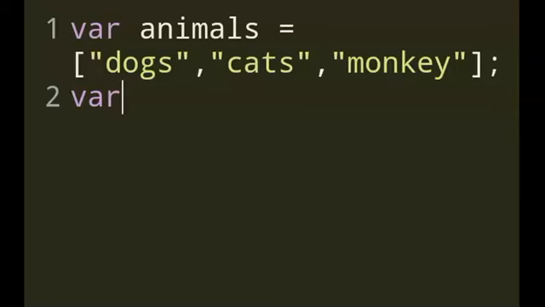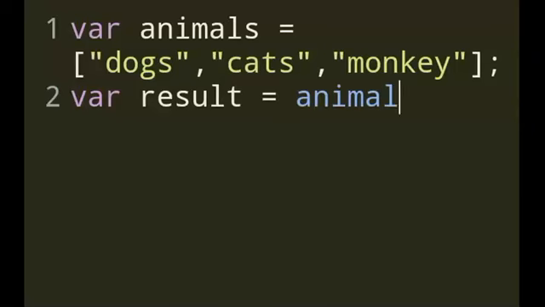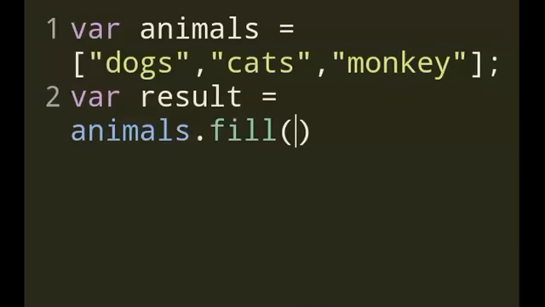Let me consider a result. So animals dot fill. What do I want to fill? I'll be inputting that name. So let me say maybe lion, right?